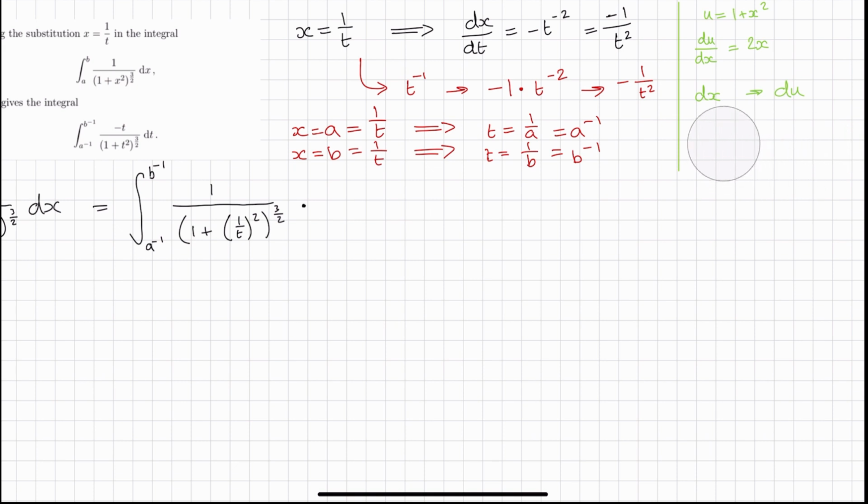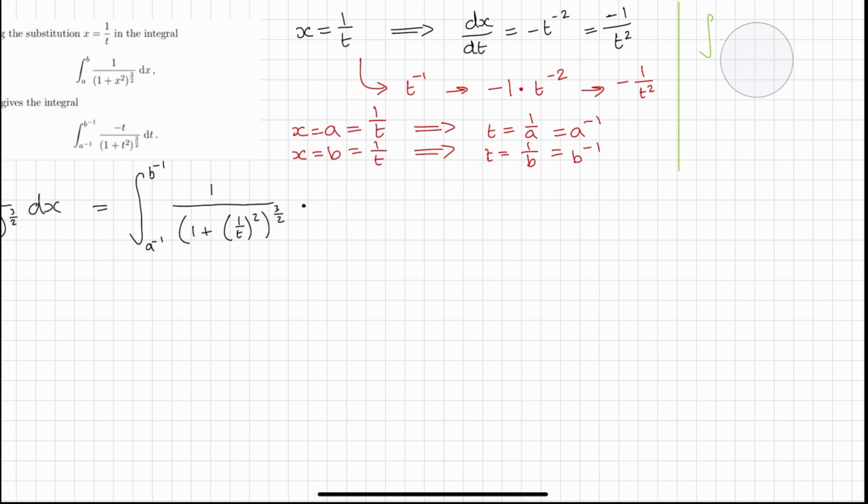However, in this example, we're actually just replacing x on its own. So at the end we have our integral dx, but we want this to be dt, right? So we know that dx by dt gives us dx. So in this case, we don't have to take 1 over what we've worked out there.